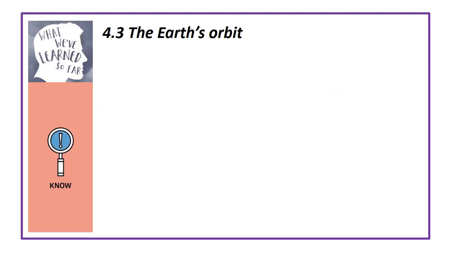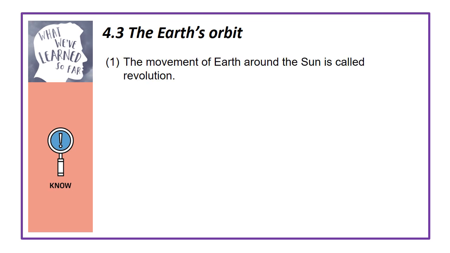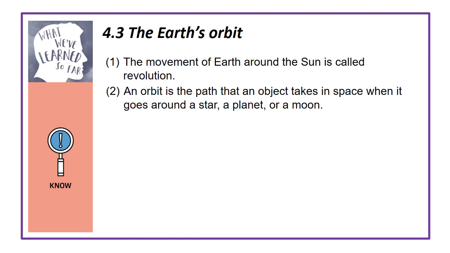Now what we have learned so far. The first one, the movement of Earth around the Sun is called revolution, or we can also call it orbit. Second, an orbit is the path that an object takes in space when it goes around a star, a planet, or a moon.